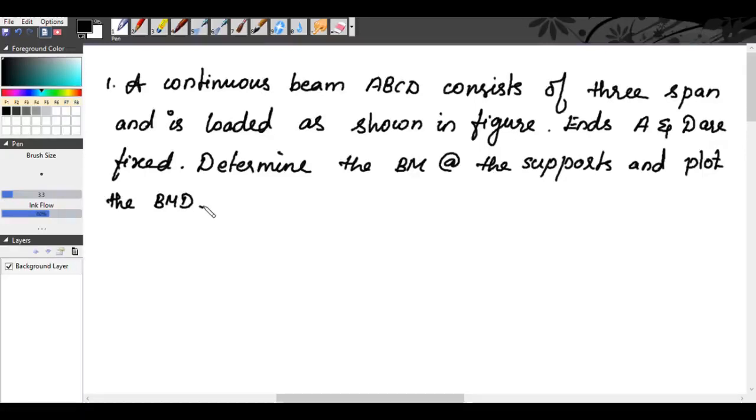Now, our given diagram is a 3-span continuous beam A, B, C, D. So we will draw our diagram first.